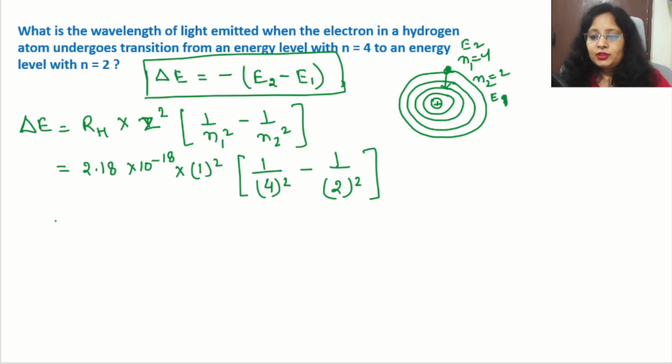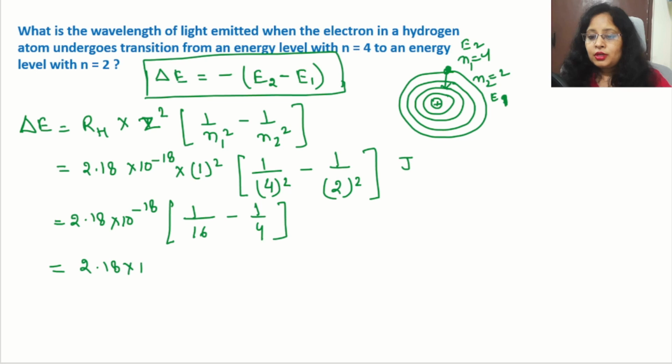Now start solving this. 2.18 into 10 to the power minus 18, and the unit will be joule because energy is always counted in joule. Now into 1 upon 4 square, 16, minus 1 upon 4. To solve this, 2.18 into 10 to the power minus 18, now it is 16, 1 minus 4.